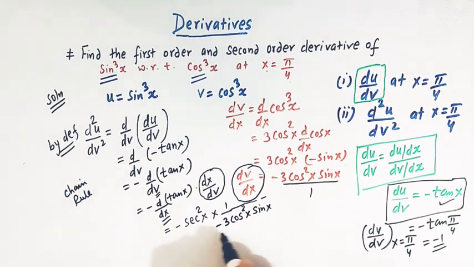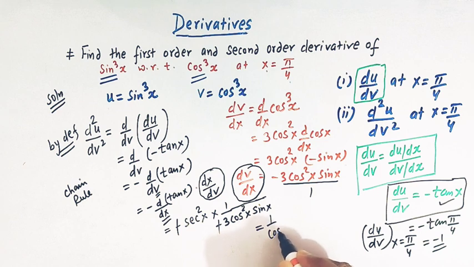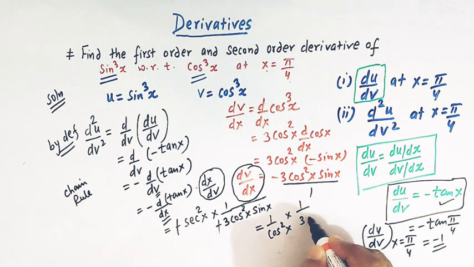So now we can simplify this expression. This negative sign and this negative sign get cancelled. For secant square x, we can write 1 over cos square x, and here we have 1 over 3 cos square x sin x, right?